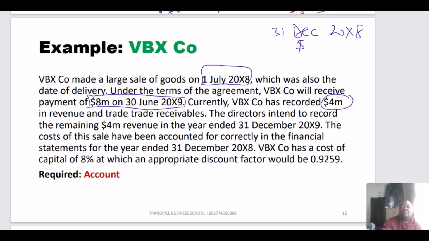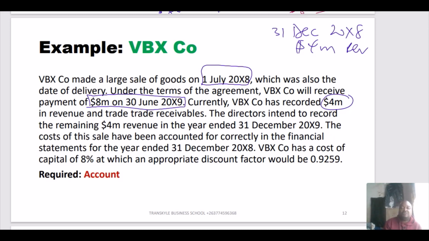So they recorded how much? 4 million revenue. And the receivable was also recorded. The cost of this sale has been accounted for correctly in the financial statements for the year ended 31 December 2008. Right?